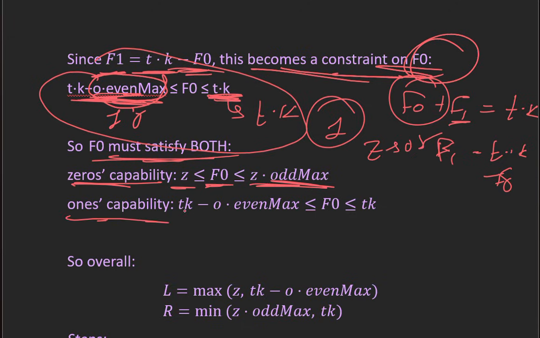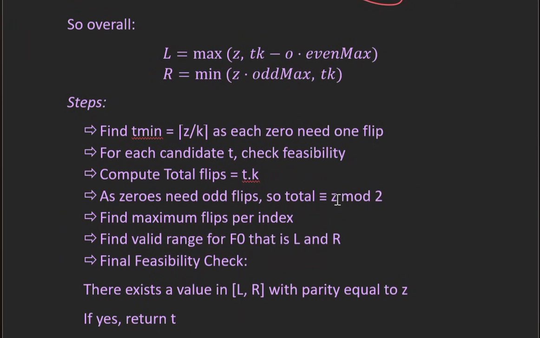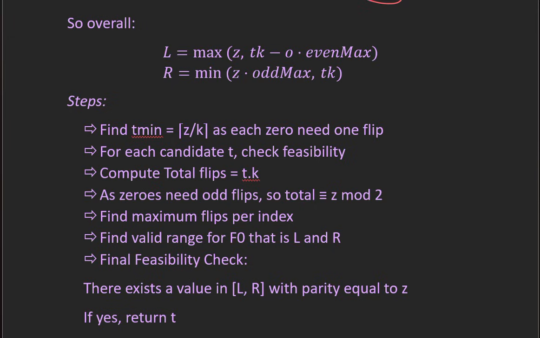And the ones' capability is that if we don't flip any single time, then it will be t into k, else it will be t into k minus o into even maximum, like these two equations. So using these equations we'll get the left bound and the right bound of the possible values, right?